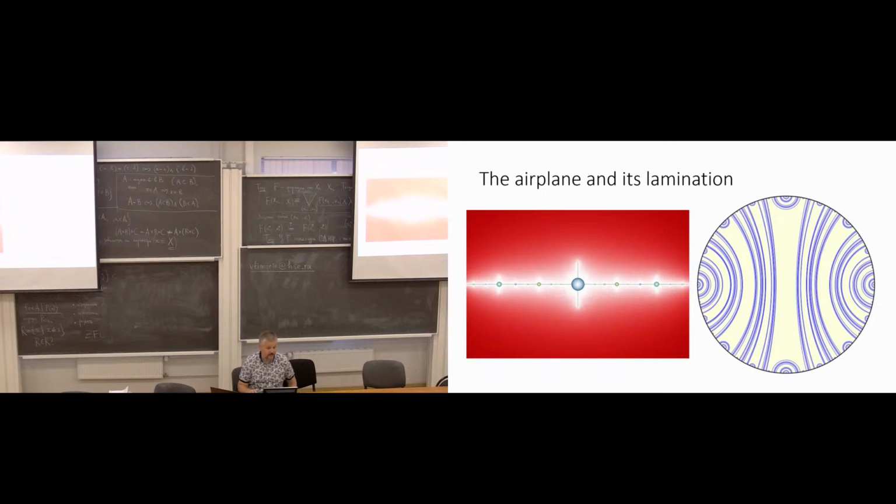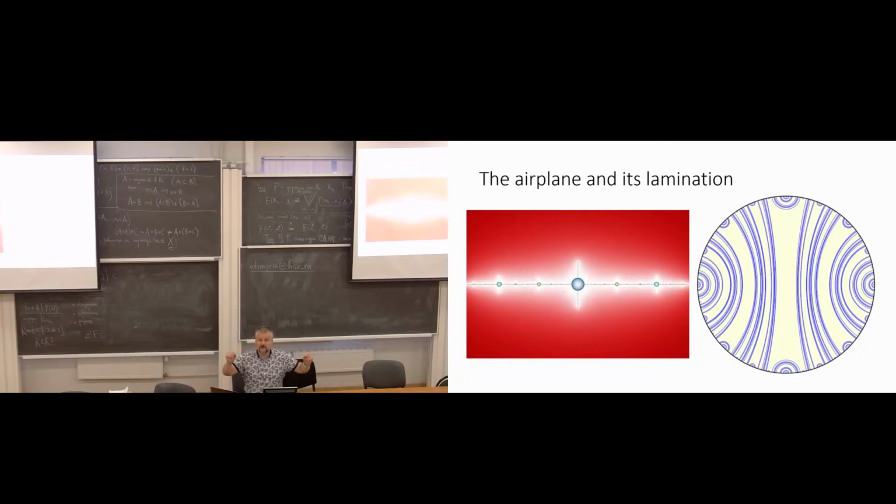So the airplane looks, the picture is not very, you don't see much in the picture, because many fine details are just too small to be seen. But basically what happens is that you see some straight line interval. Well, it's not at all important that it's a straight line, but it's something homeomorphic to a straight line.